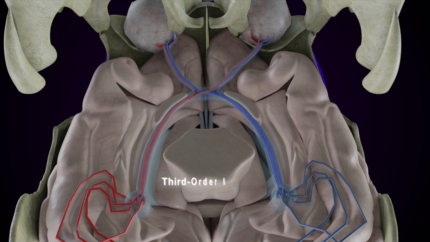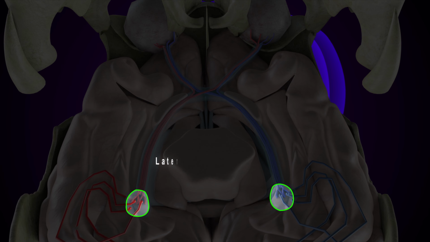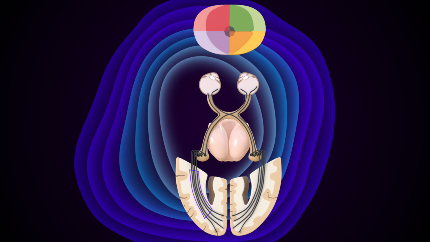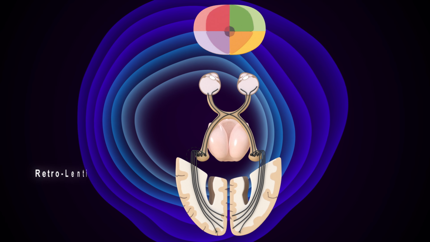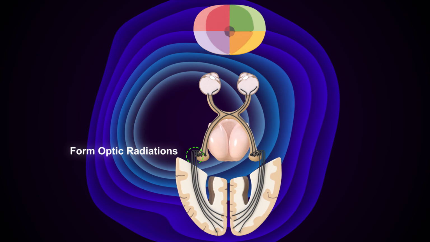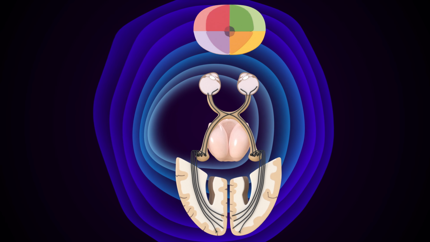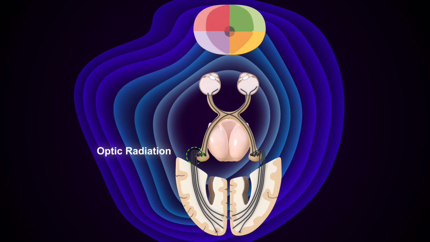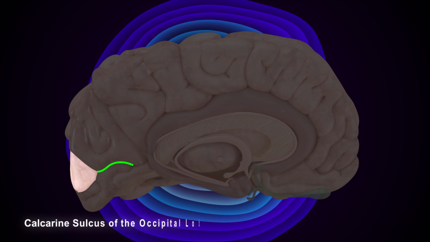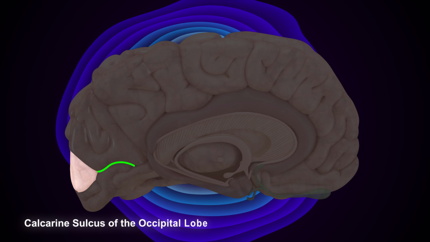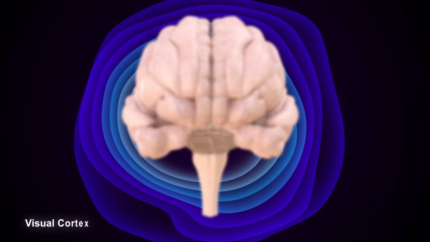The third-order neurons arise in the lateral geniculate body, run in the retrolenticular part of the internal capsule, and form optic radiations. The fibers of optic radiations terminate in and around the calcarine sulcus of the occipital lobe, the visual cortex.